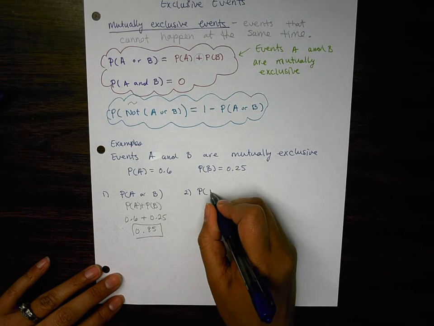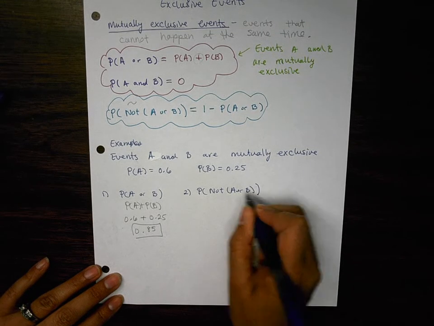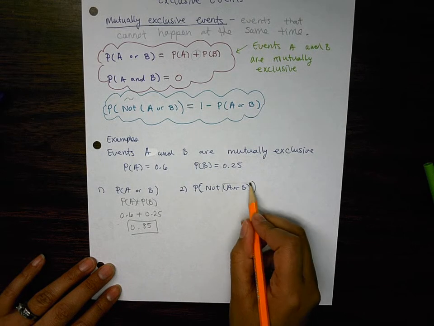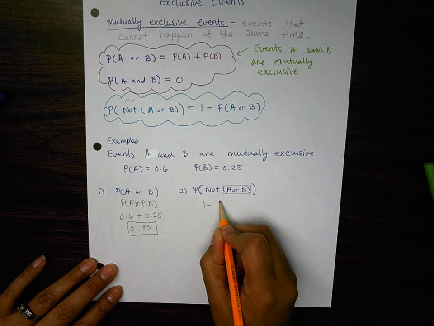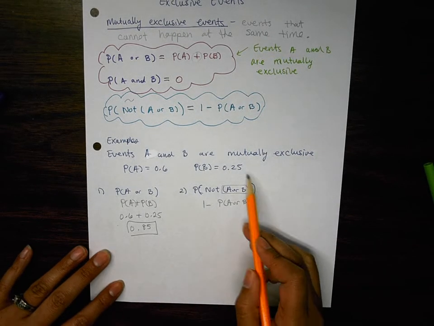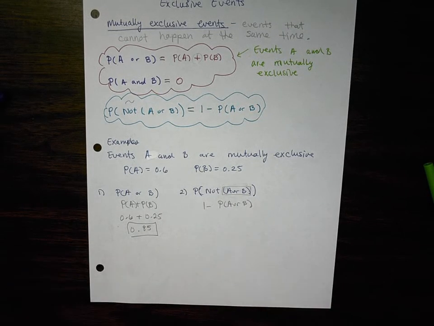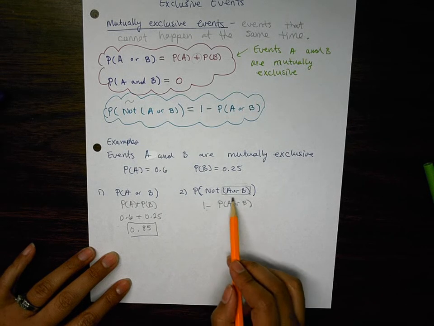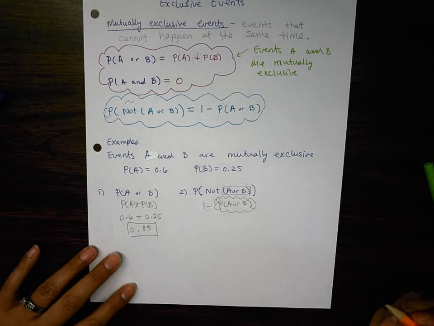Number 2, probability of not A or B. What does the not mean? We subtract this probability from what? 1. 1 minus that probability of A or B actually happening. Not means you subtract this probability, whatever it is, A or B, A, B by itself, whatever it may be. You subtract this from 1. Do we have to calculate this piece, or did we already calculate this on a previous problem?